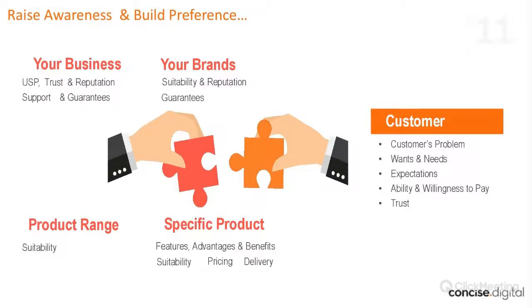It's a matching process, and the customer typically has a problem that they're looking to solve. They may have some wants, they have some needs, they have some expectations, and they're looking to find a solution or a product that will fit in with all of that. They then obviously need to have the ability and the willingness to pay, and they need to trust that it's all going to happen. There's a lot to get right, and it takes time to build.